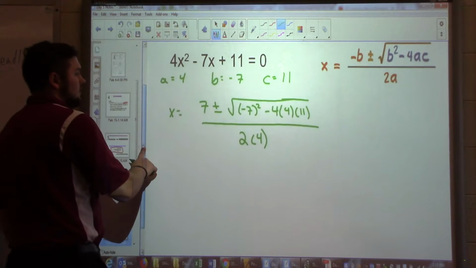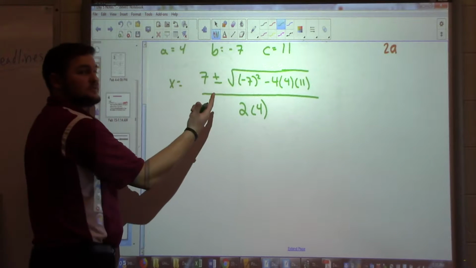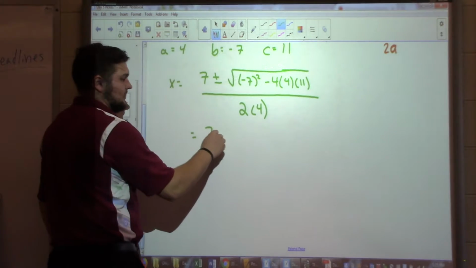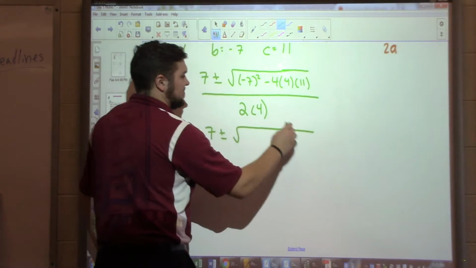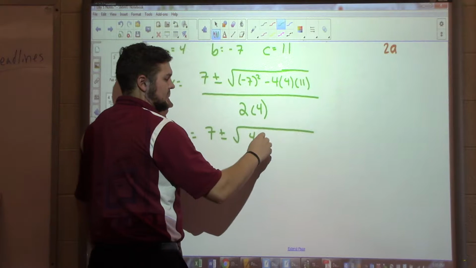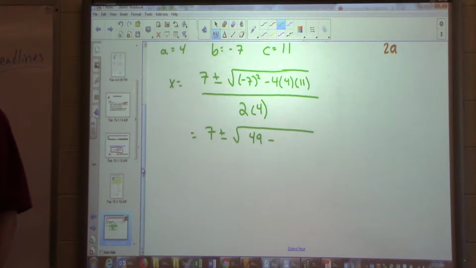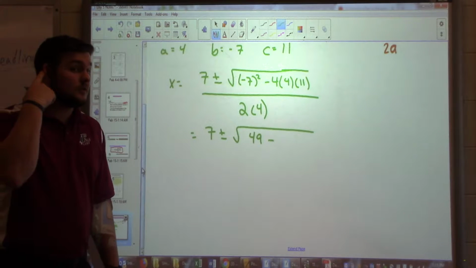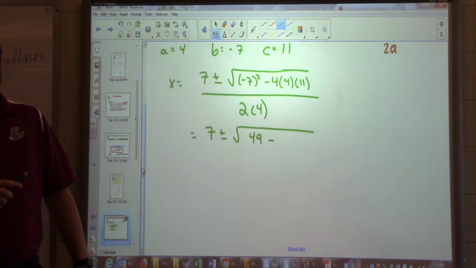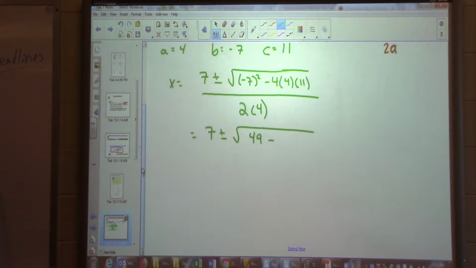So, let's start solving. Equals 7 plus or minus the square root of negative 7 squared, which is 49, minus, what's 4 times 11? No, 4 times 4 times 11.